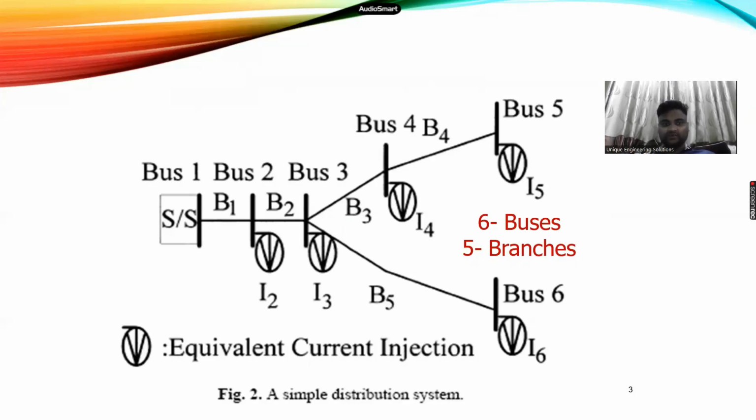If you can calculate those drops, then the bus voltage can be updated by subtracting those drops from the substation voltage. That is, 1 at an angle 0 minus that drop will be equal to the voltage of the respective bus.